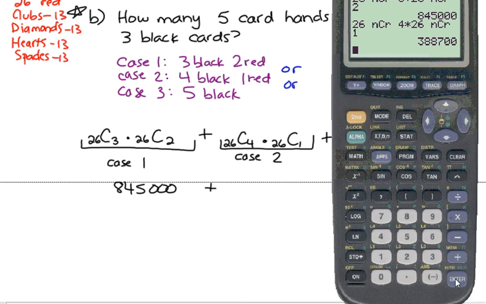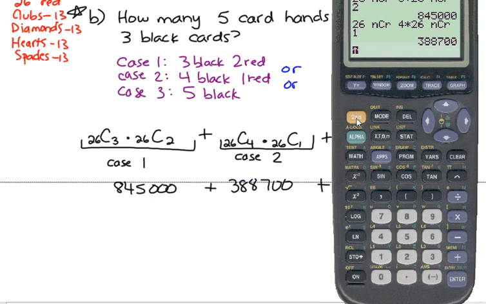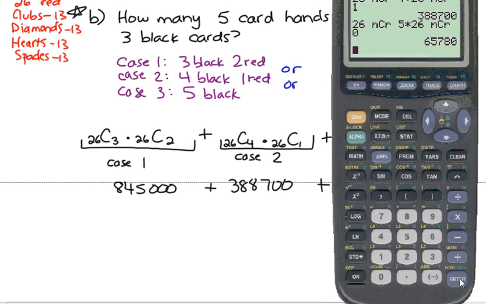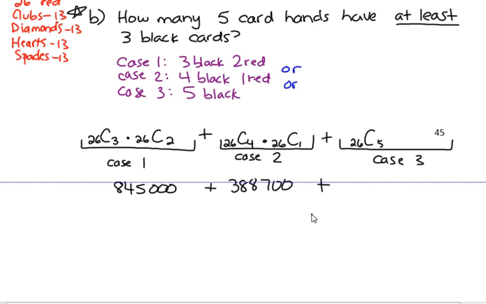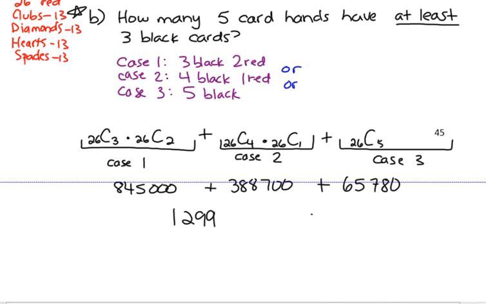That's going to save you some time. 388,700, plus, and then go second, enter, 26 choose 5, and then you can make this 26 choose 0, because we want 0 red cards: 65,780. So we want to add these all together: 65,780 plus 388,700 plus the 845,000 is 1,299,480. A lot.